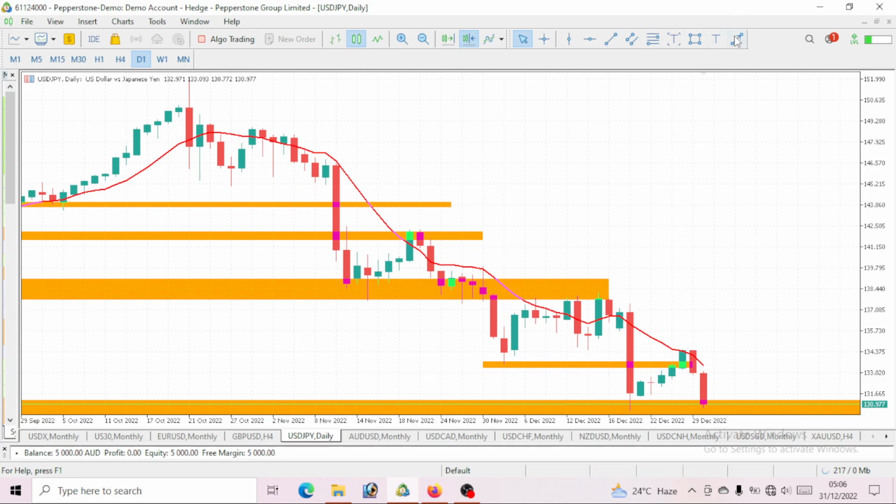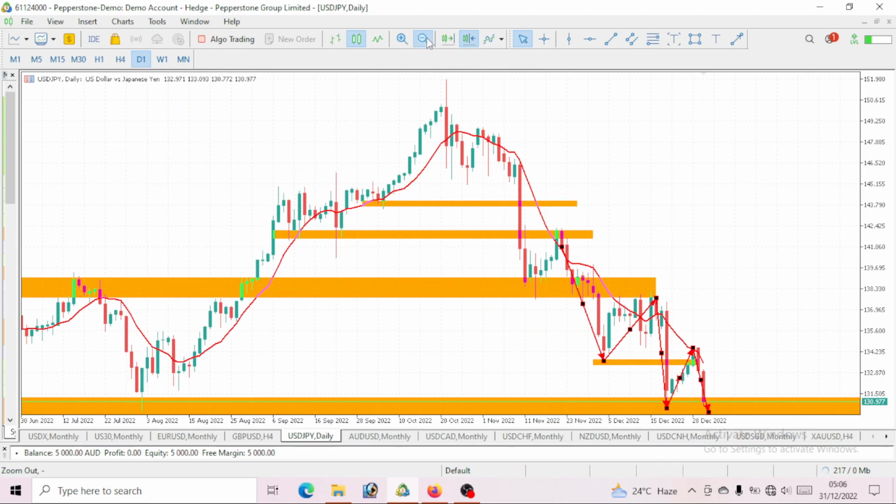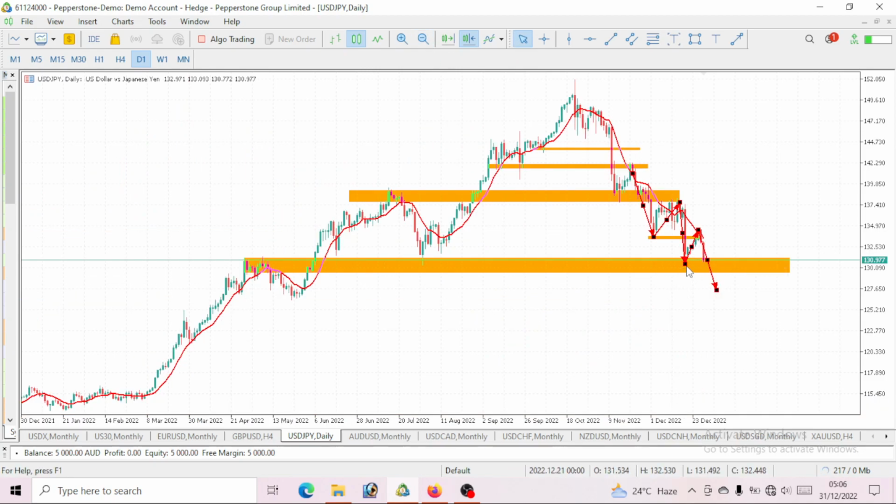So like I just said, we will take a look at this to be a lower low, then we will see this to be a lower high, a new lower low. You see this new lower low that broke this previous low here, and we will take a look at this to be a lower high. What we will be expecting next on USDJPY is a new lower low. This new lower low needs to take out this previous low.